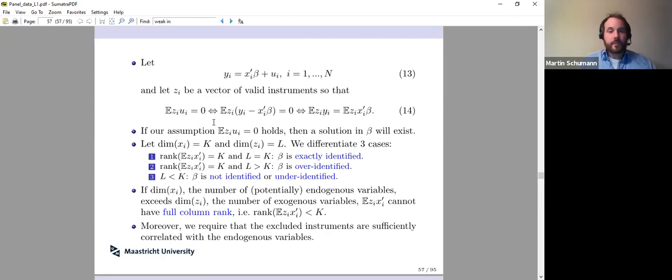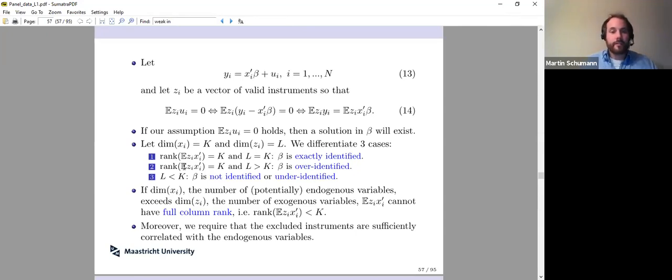Now, if this matrix here has rank K, and the number of instruments is also K, then we say beta is exactly identified because the dimensions of these two vectors match exactly.